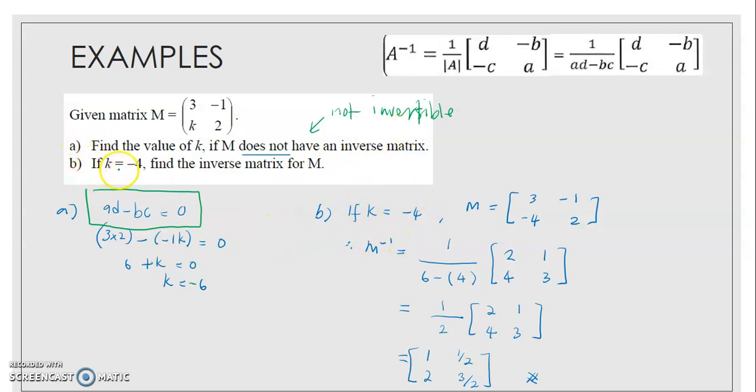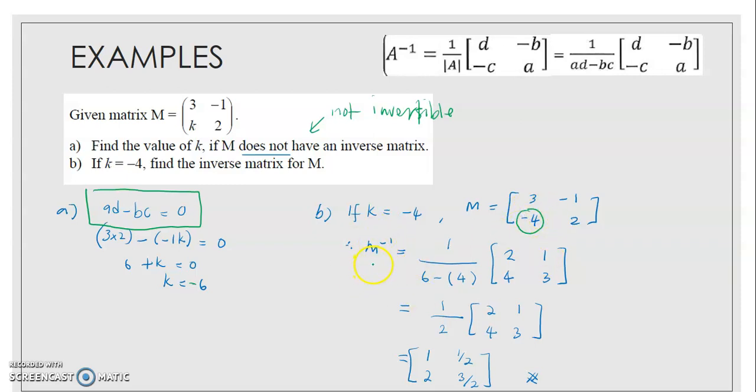Question B. If K equals negative 4, find the inverse matrix for M. Because K is negative 4, which is other than negative 6, therefore we can find the inverse of matrix M. So we rewrite the matrix M here, with elements 3, negative 1, negative 4, and 2, because K we have replaced with negative 4.